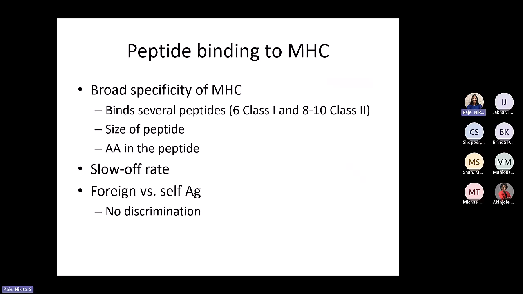There are several chaperones and enzymes that facilitate the binding of peptides to MHC molecules. Once that complex is formed, as I mentioned, it has a slow off rate, which means a longer half-life, ranging from hours to days.